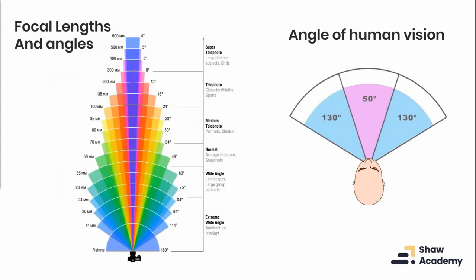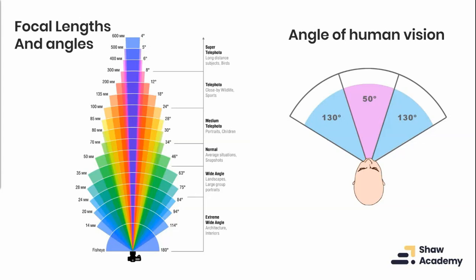So, for example, if I happen to be using, say, a 14mm lens to capture some very wide shot, it's 114 degrees angle of vision. And this is much, much wider than what we can see even with our peripheral vision. So I always need to be sure to check the edges of my shot.